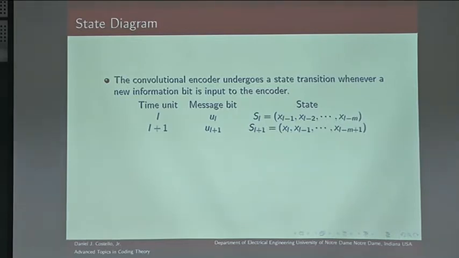Now even the state change like this doesn't always have to be this way. The diagrams we've shown have no possibility of adding anything into the intermediate stages of the shift register. But there are encoder realizations where you could do that.